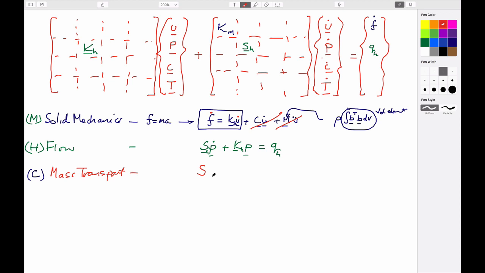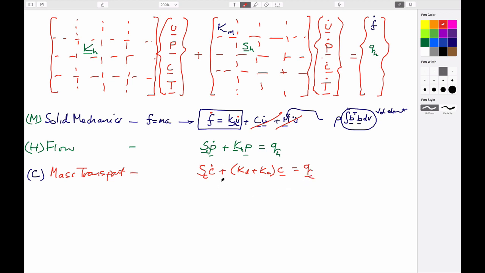I suppose we should give it some unique term. Let's do C for contaminant transport multiplied by concentration, plus these two other matrices, which are a conductance, a diffusion matrix if you like, and an advection matrix operating on concentration, and that's equal to QC, for want of a better term.